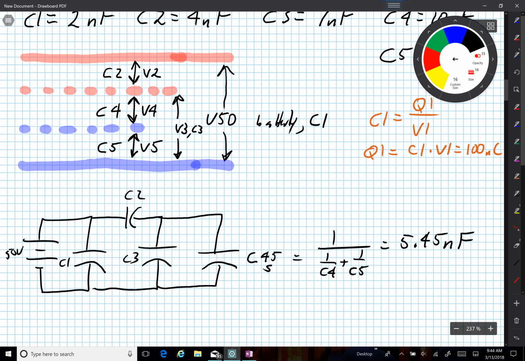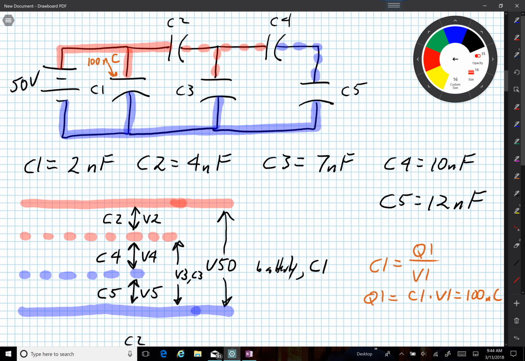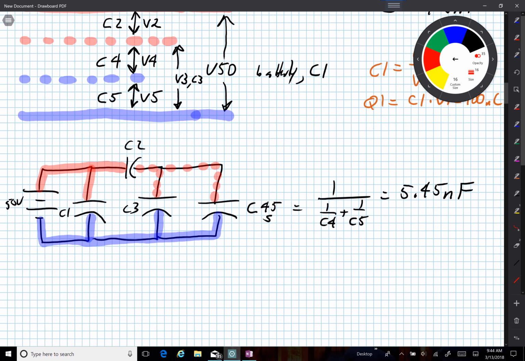Now I've got to do my colors, and I've got to make sure I do things the same way I did before. Okay, so let's see. Yep, that looks good. So there's my diagram.